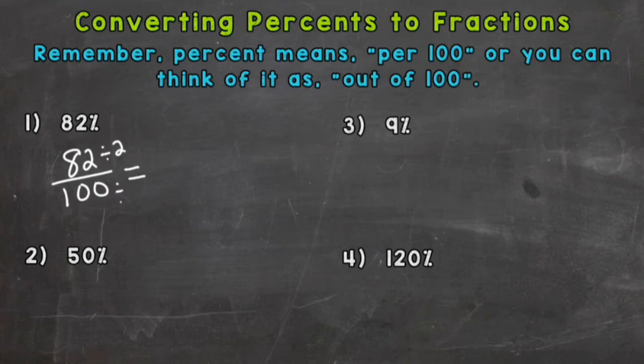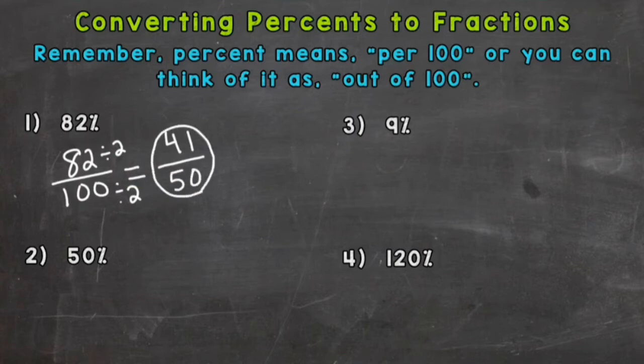Now 2 can divide 82 and 100. So we get 41 as our numerator and 50 as the denominator. This is our final answer because 41 is a prime number, so it cannot be reduced any further. It's that simple.